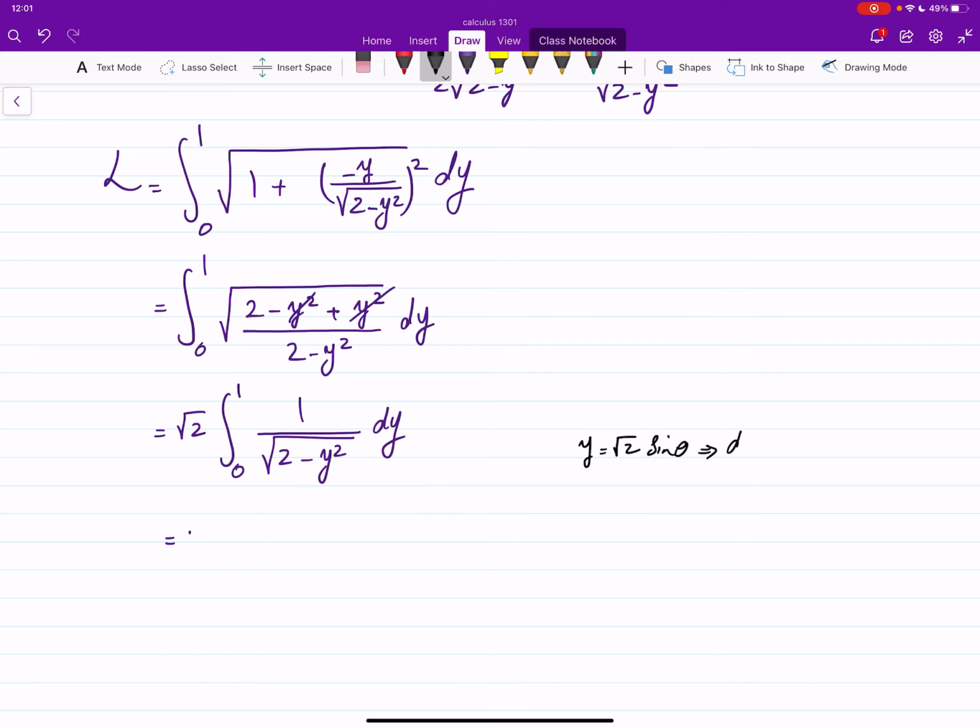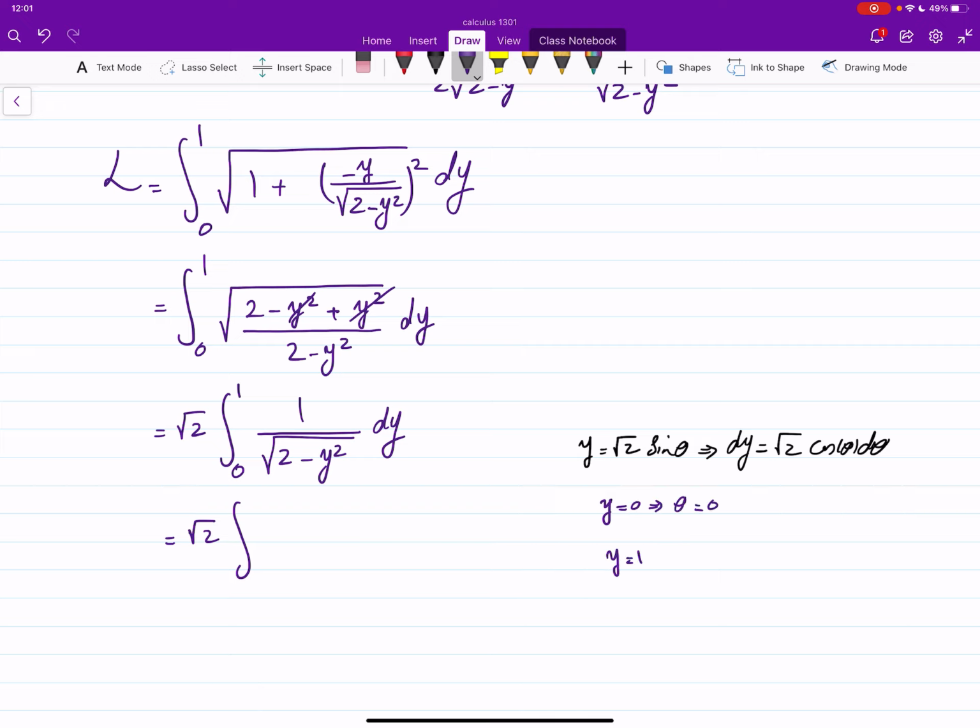From there, dy is going to be root 2 cosine theta d theta, and the limits will turn to: y is 0 will imply that theta is 0.